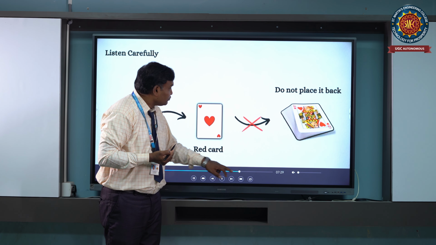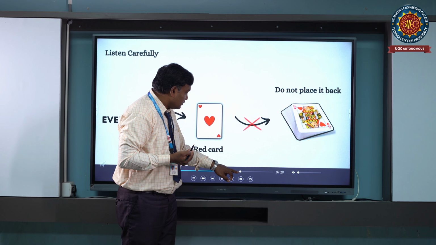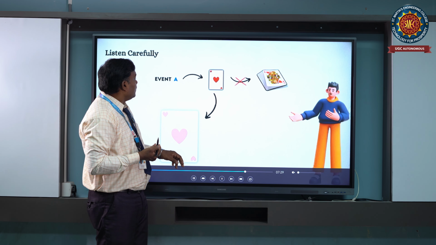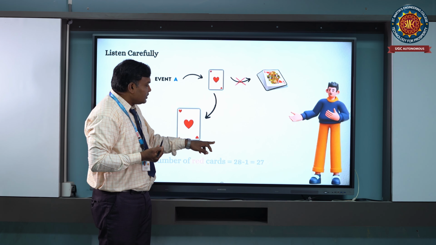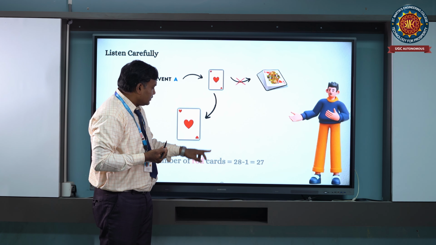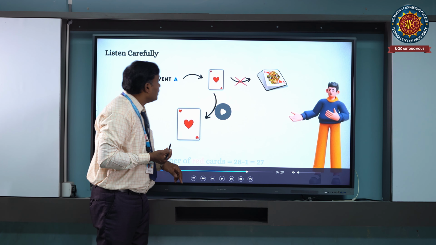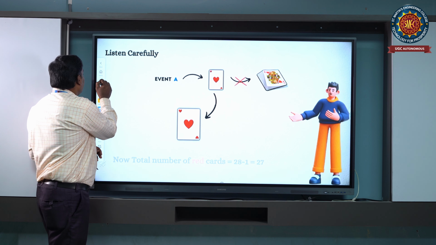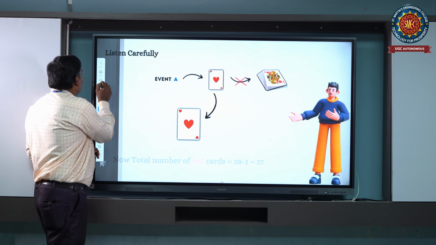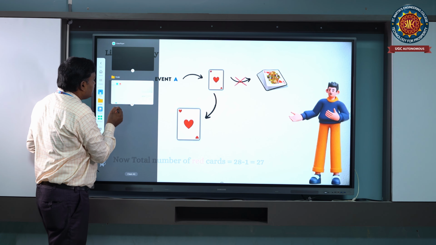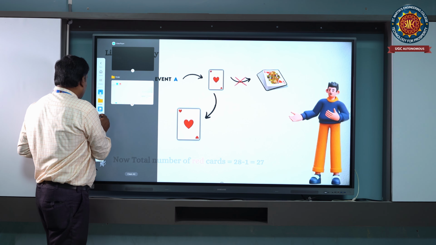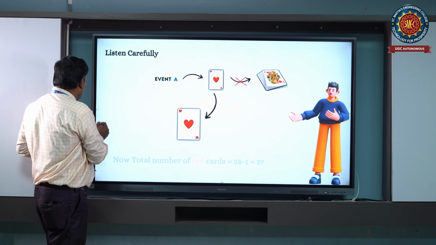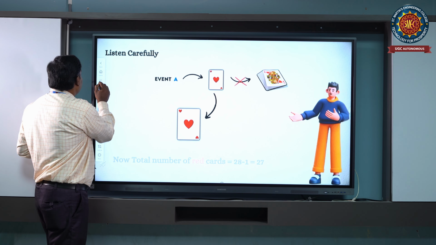One more: getting a particular value and a particular diamond shape. Independent events and dependent events. One more example I will discuss with you.